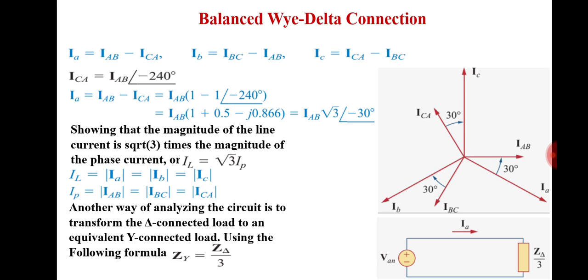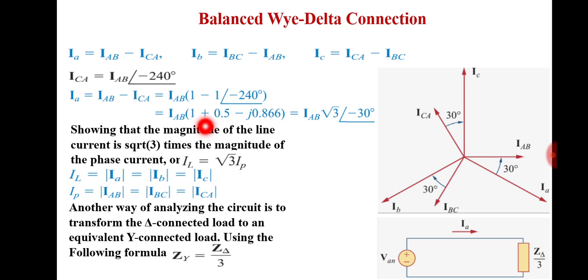So IA becomes IAB with angle 0 minus IAB with angle minus 240 degree. Now put the value of ICA in the form of IAB in this equation. Now take IAB common, giving 1 minus 1 with angle minus 240 degree.